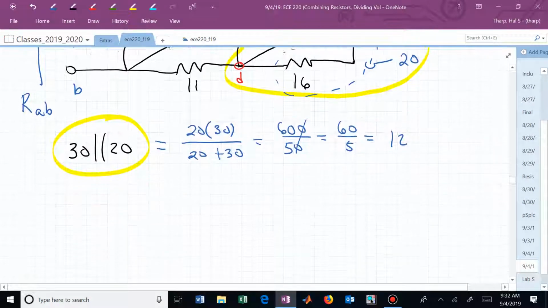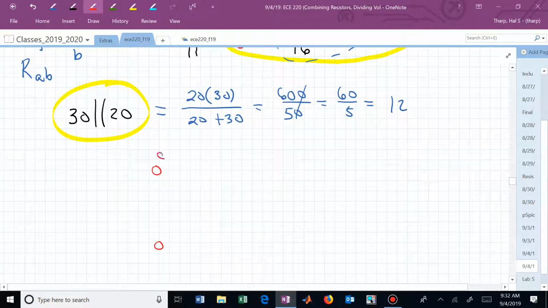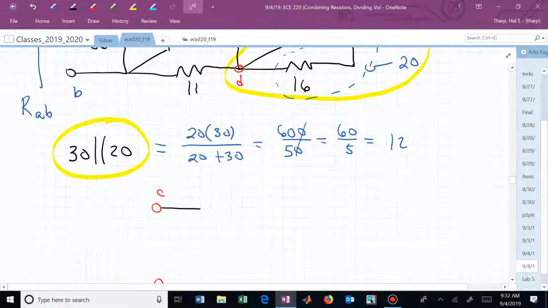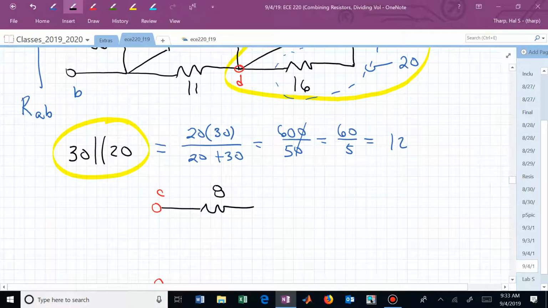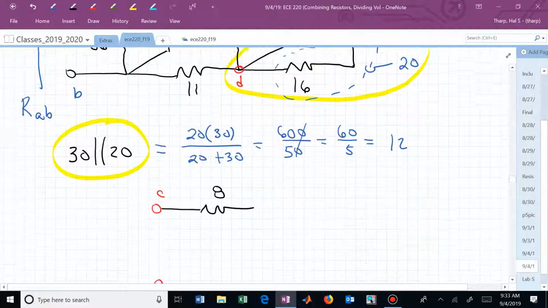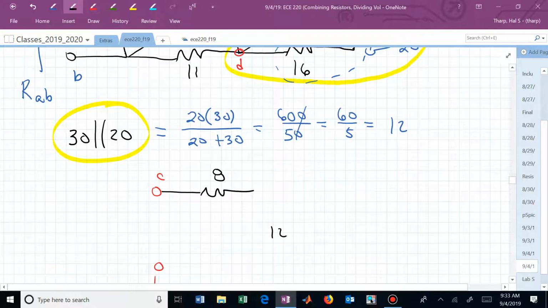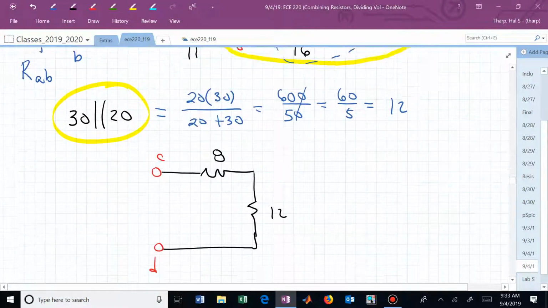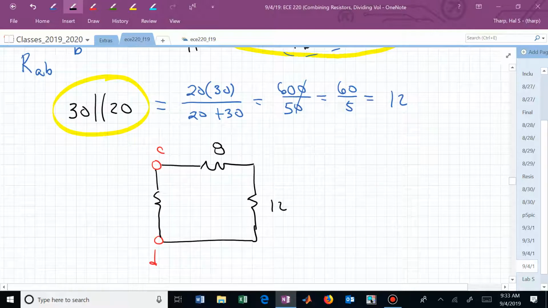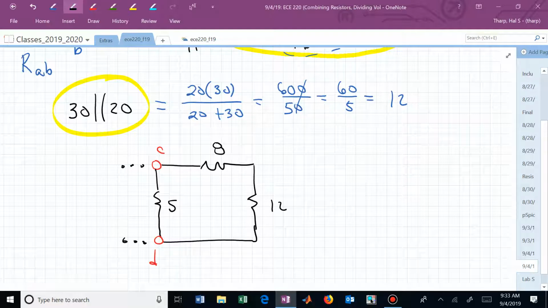And at nodes C and D, we haven't done anything with the 8, but we've now collapsed a lot of that down to 12, and then between C and D, we have 5, and we have other stuff to the left of that, but for now this is what we're interested in. That's the thought process that we're working through.